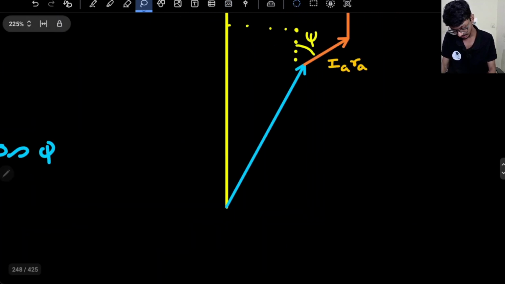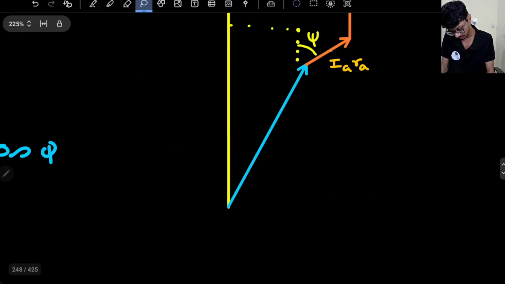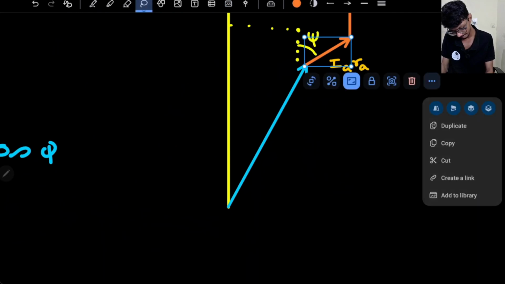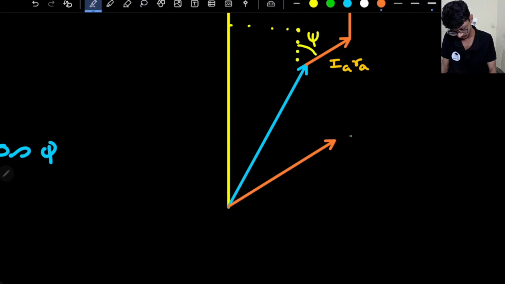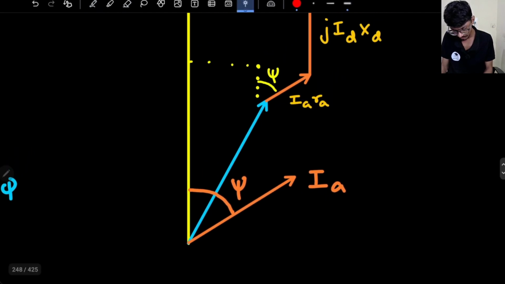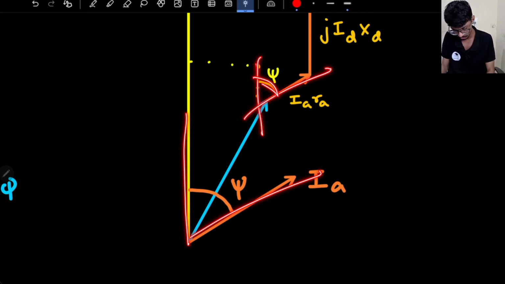So this was my IA over here, and this was my psi. If this is also psi, these are parallel, so this also will be psi.